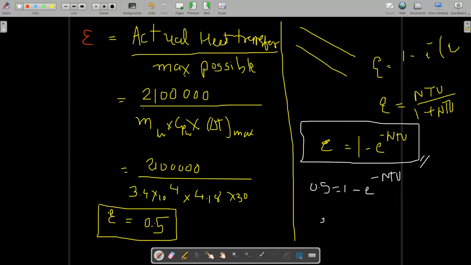When you solve this, e raised to minus NTU will be 0.5. Then take ln on both sides, and when you solve in the calculator you will find NTU as 0.7. NTU is 0.7, just mark it somewhere.